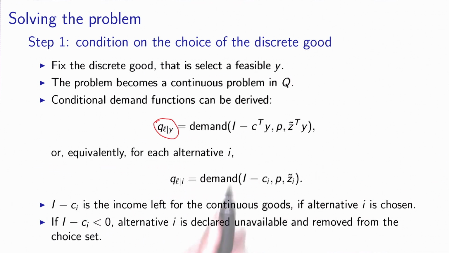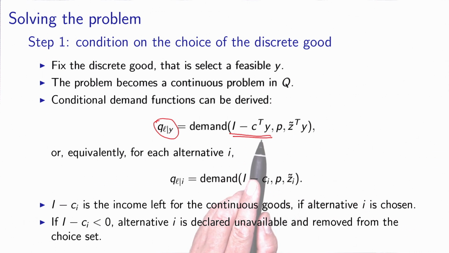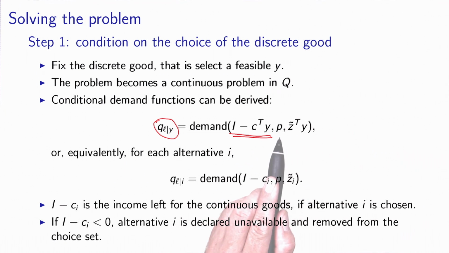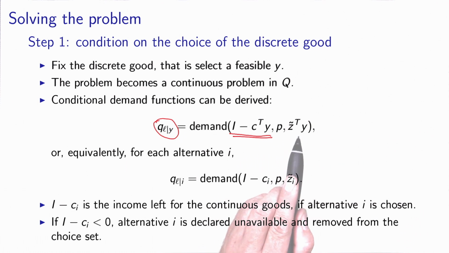And it's a function of the remaining budget, which is the total budget I minus the cost of the discrete alternative. It's also a function of the prices, as before, and the attributes of the discrete goods.